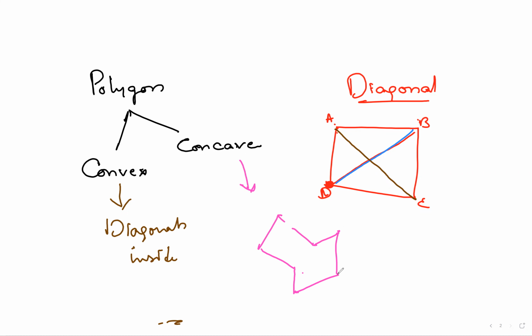If you want to draw diagonals, see, I am drawing diagonals. If I take this vertex, see, this is one diagonal because these two are adjacent vertices. Now if I join the opposite vertex, the diagonal came outside of the figure. Therefore these kinds of polygons are called concave polygons.